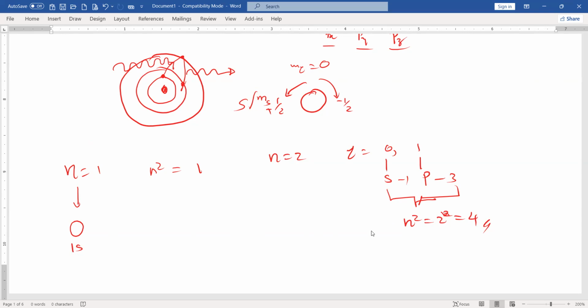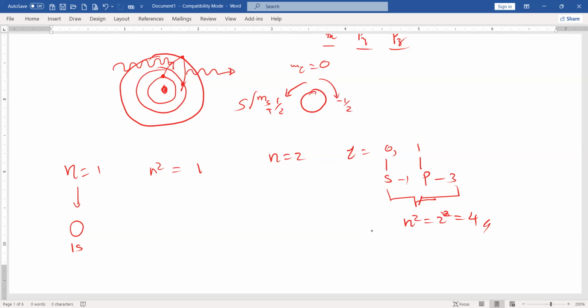And we know that in each atomic orbital there can be a maximum of 2 electrons. So if you multiply this by 2, then you get the number of electrons in a given main energy level.